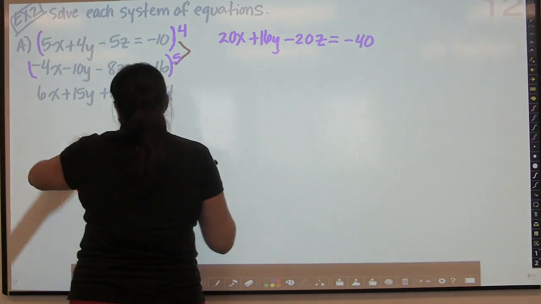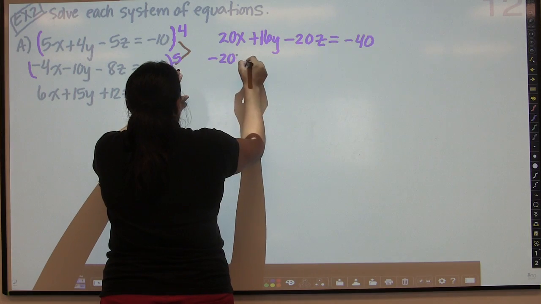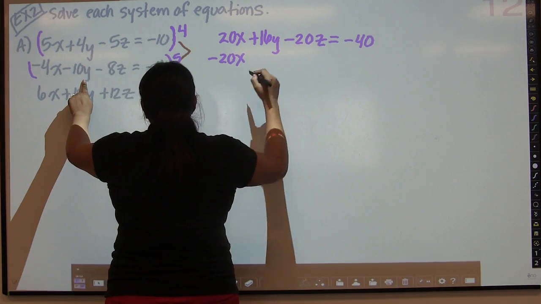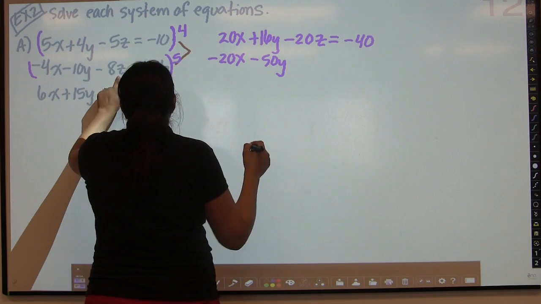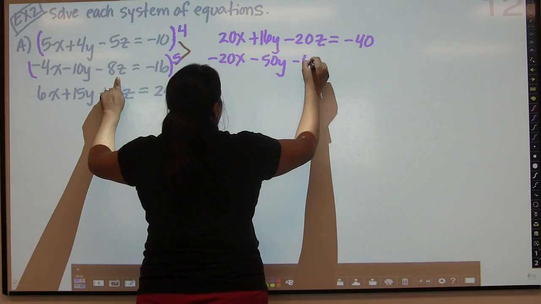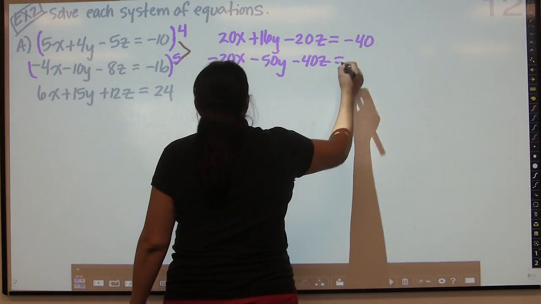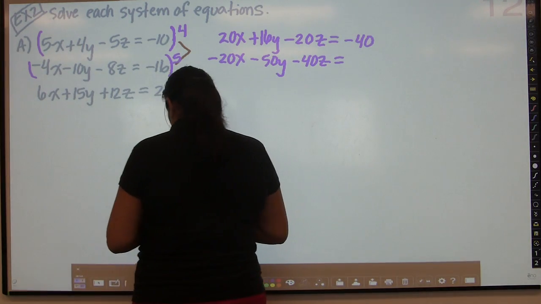Okay, -40. Then here we get -4 times 5 is -20x. And then 5 times -10 is -50y. And then -40z. And then equals, I don't know what's 16 times 5. I think it's 80, but I'm going to confirm 80, yes.